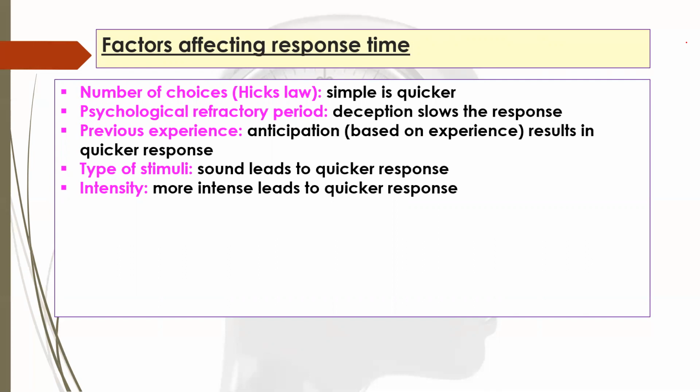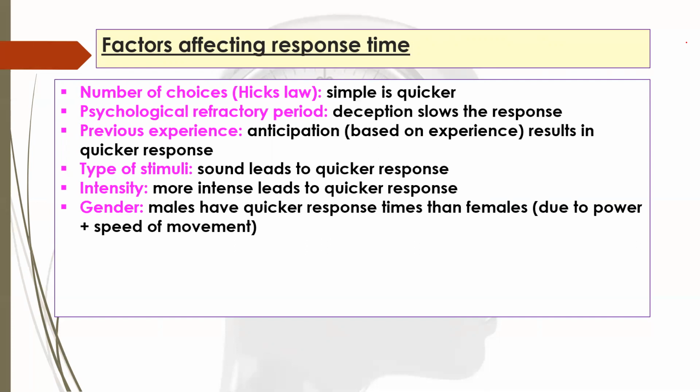If your coach is absolutely, steam coming out the ears, belting it at you that you need to pick up someone at the back post, you're more likely to then do it. So it's essentially the volume of the instructions that you might be hearing, but it also might just be something visual, like the color. So bright colors tends to be a more intense stimuli. The more intense the stimuli, the quicker the response.